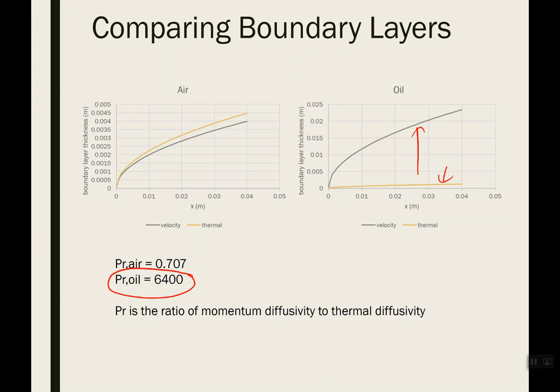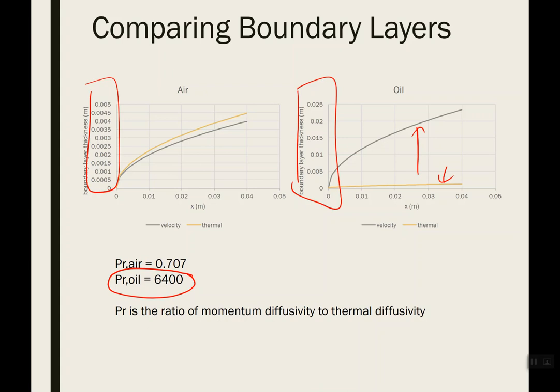So for a fluid like oil, which is quite viscous, those individual quote-unquote layers of fluid are going to be grabbing onto each other, and it's going to form a thicker momentum boundary layer, velocity boundary layer. Whereas a fluid like air is going to have a much thinner one, and you'll have to notice the two different scales here.